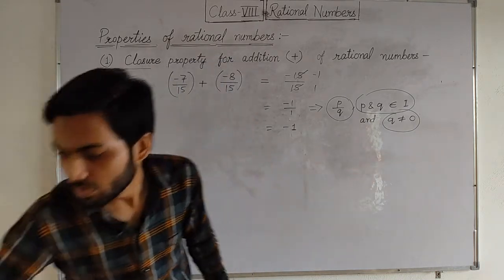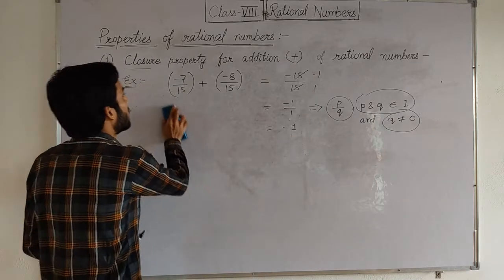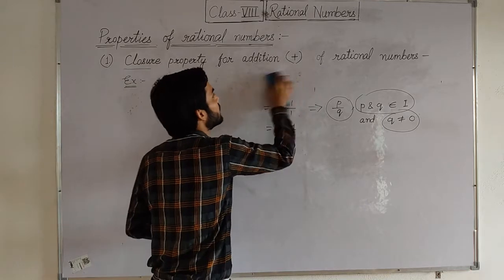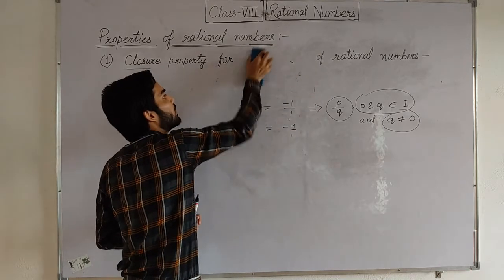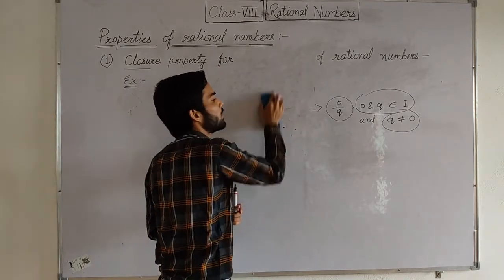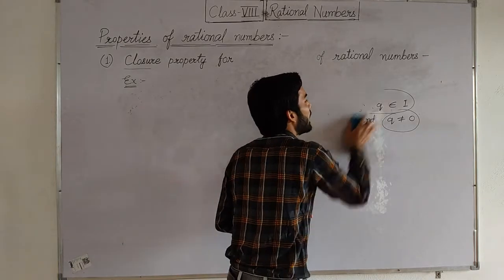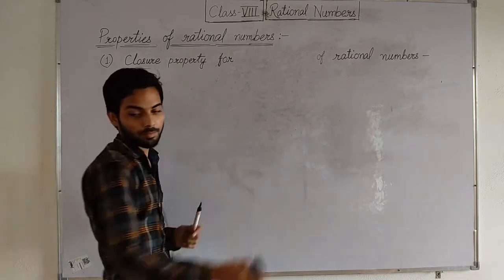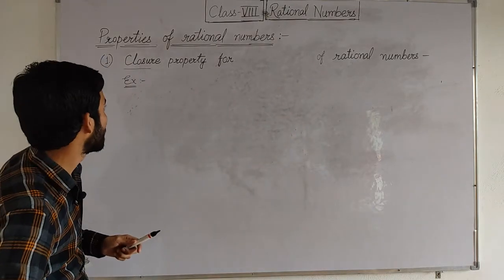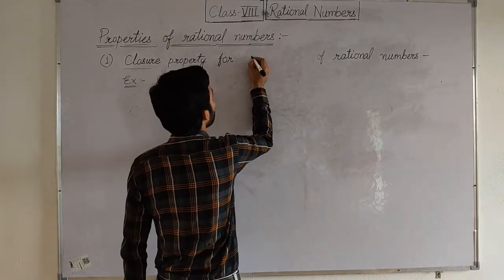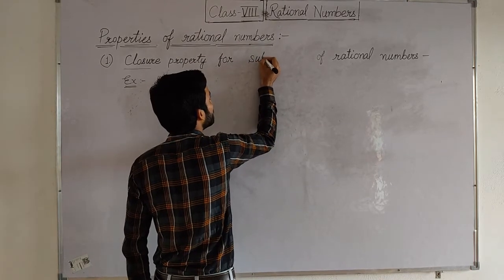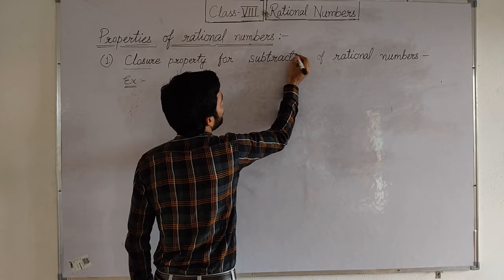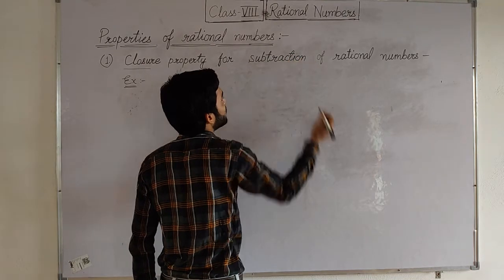Okay, so let us take another example for subtraction. I am taking the operation of subtraction here and applying the closure property for subtraction of rational numbers.